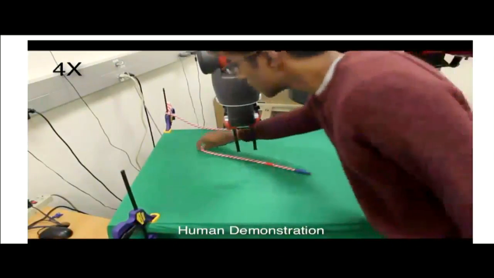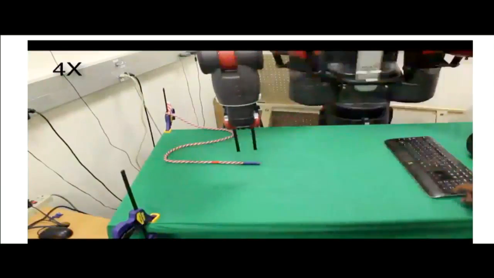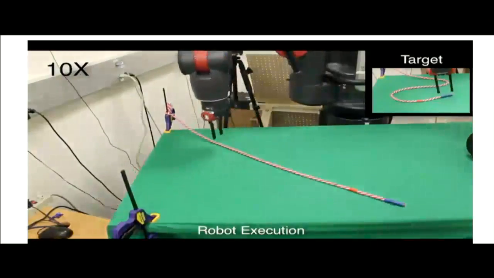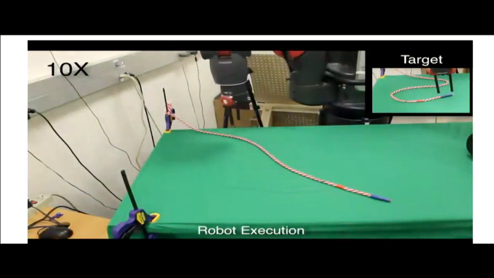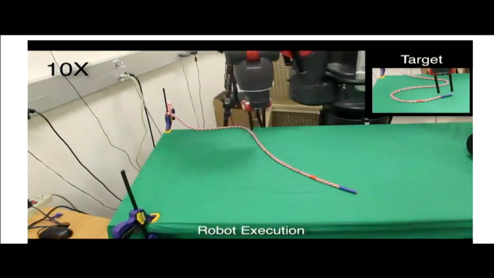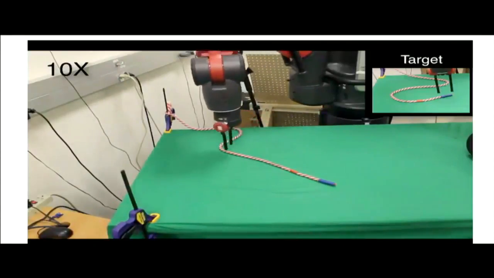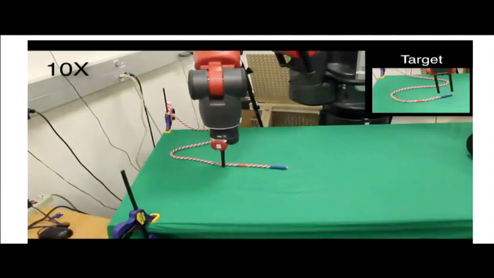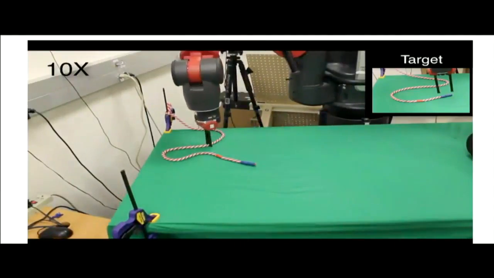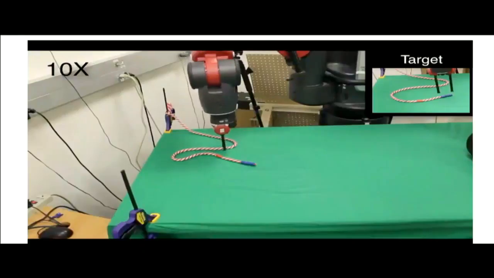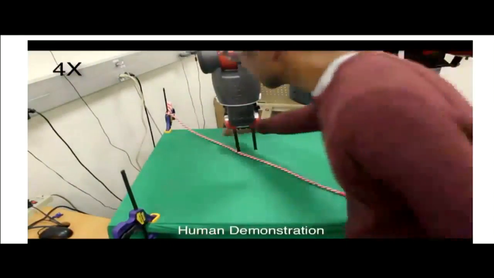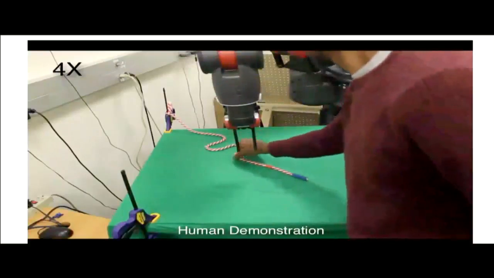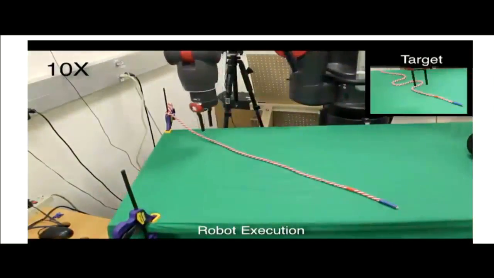And you can see here, using these intermediate goals provided by the human, the robot is able to step-by-step move the rope into the final configuration, which wouldn't work with the one-step model. And then here's one final video of another shape with the rope.